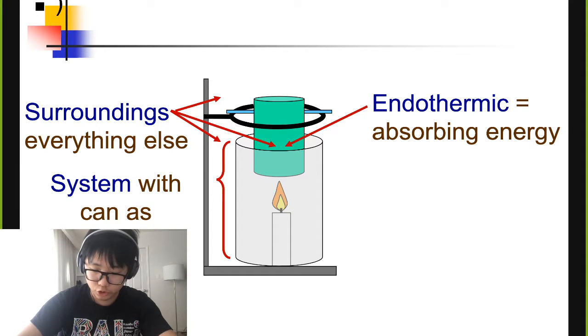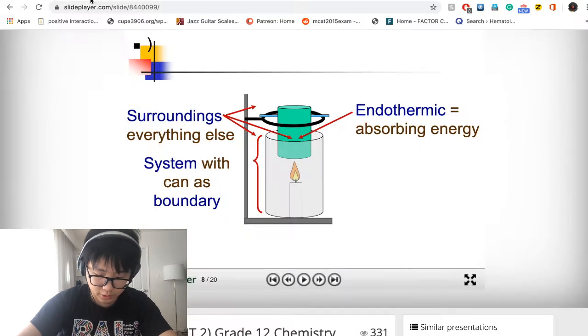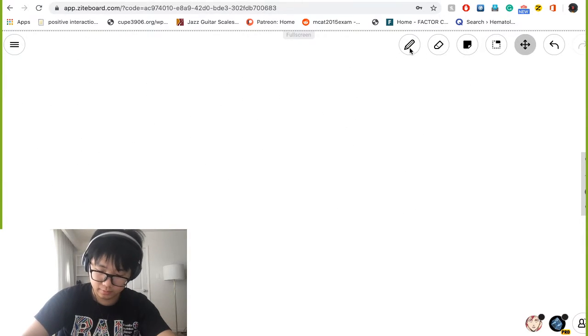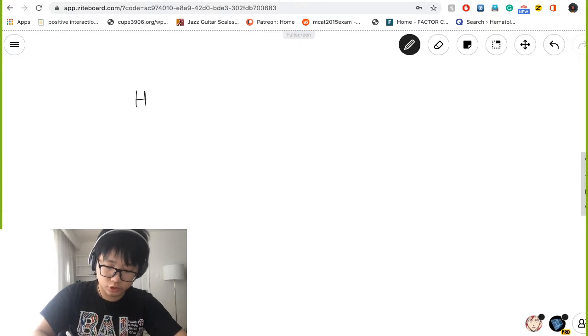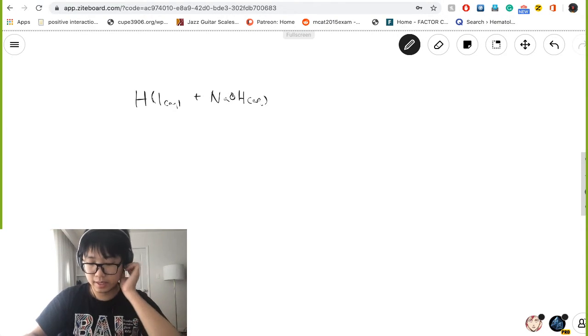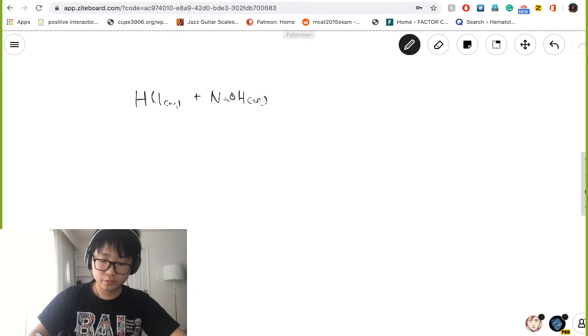If we want to measure a certain reaction, and this is exactly what we're doing actually, let's say the reaction is the neutralization reaction between HCl and NaOH. So we have a strong acid here, we have a strong base, and you're familiar with that from the last chapter. We know they're going to neutralize into sodium chloride and of course water.